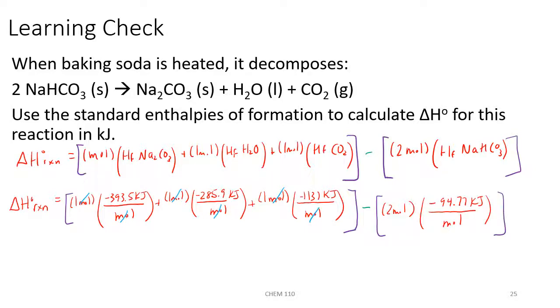So the heat of our reaction should come out to be positive 85 kilojoules. So our positive sign tells us that this must be an endothermic reaction, one where energy is needed to be put into the system in order to drive it from reactants to products in the first place.